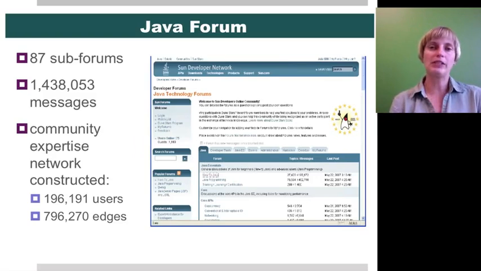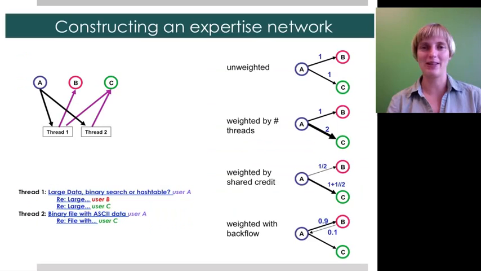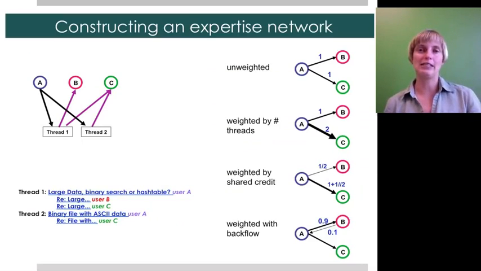And so what we did was we gathered a whole lot of data from Sun's Java forum, and we had 200,000 users and 800,000 edges, so plenty to play with. But with real world data, you always have to decide how you're going to construct the network. So you could construct it in an unweighted way.